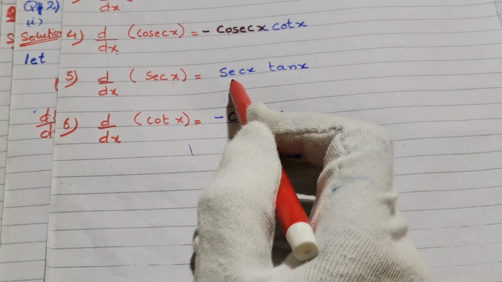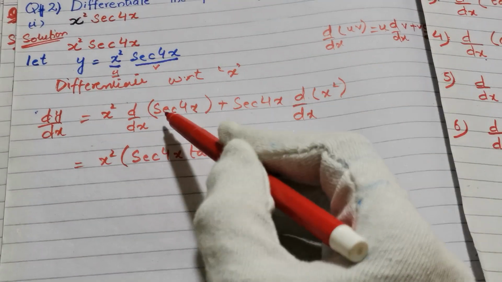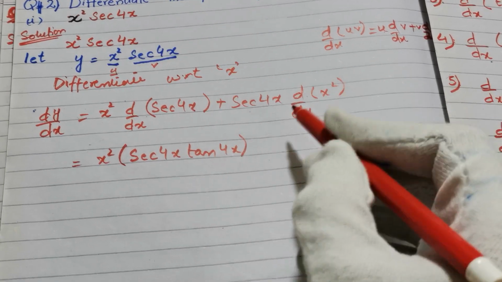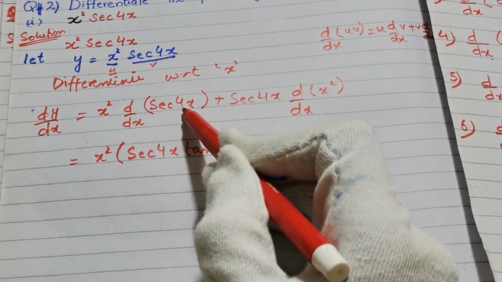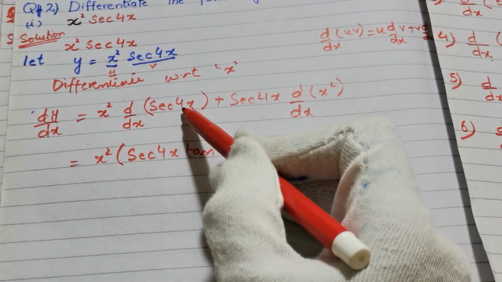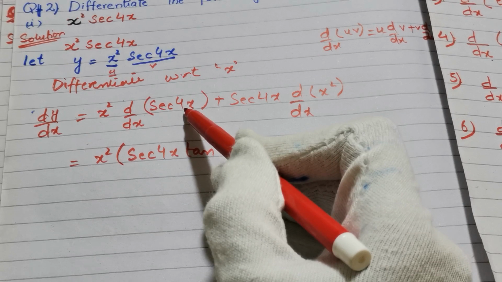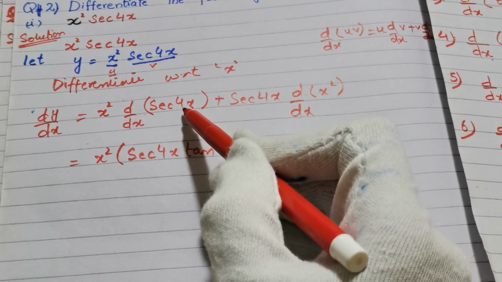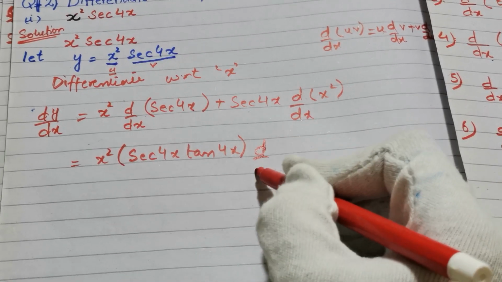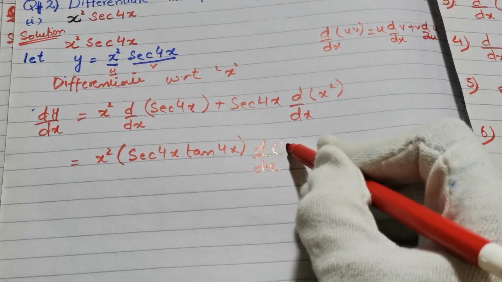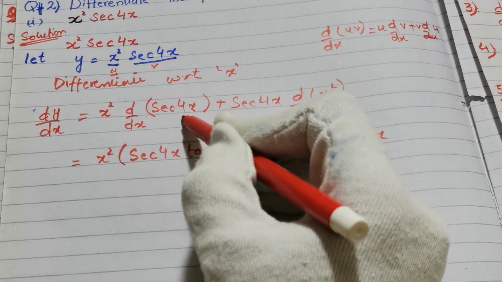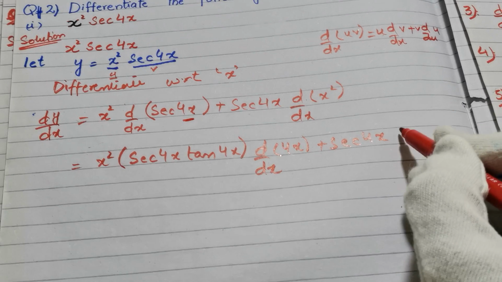Derivative of secant 4x is secant 4x tan 4x. Now I told you earlier that this angle should be 1. Now this is not a 1 angle, this is 4x, so again we will take the derivative of this angle. Angle is 4x, plus secant 4x.